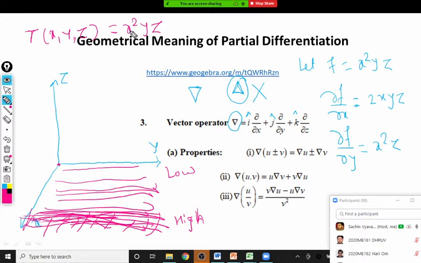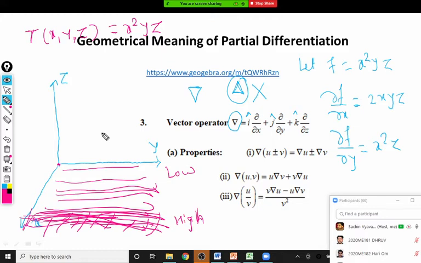So if x is 0, the temperature is 0 in the yz plane. And if you move parallel to the yz plane along the x-axis, the temperature goes on increasing. So that is one example of a scalar function.